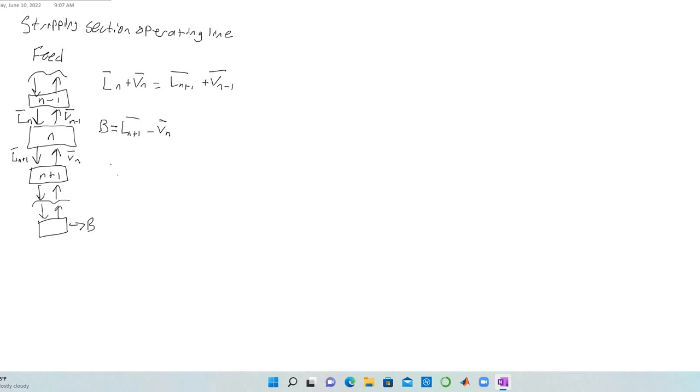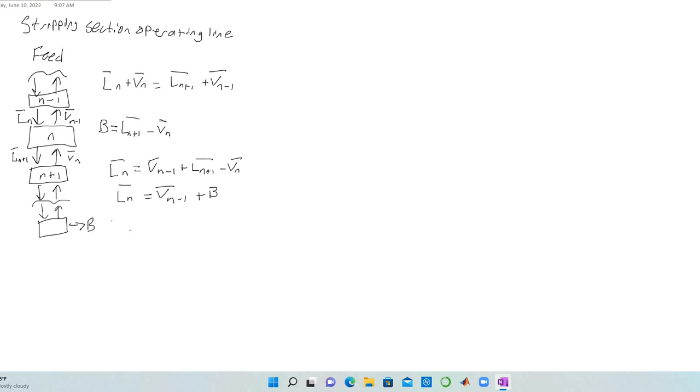So we're going to rearrange this to say Ln is going to equal Vn minus 1 plus Ln plus 1 minus Vn, or Ln is going to equal Vn minus 1 plus B.